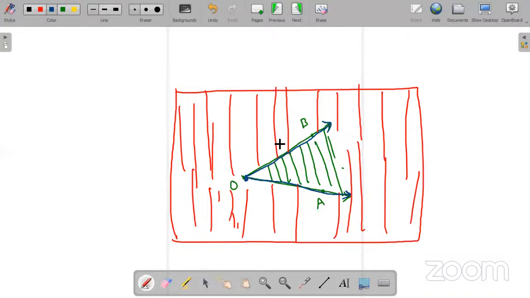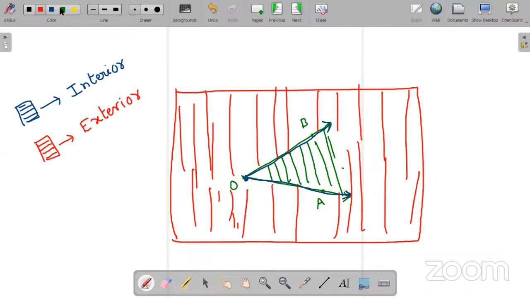Now this green portion is called the inside of the angle, the interior. This red portion is called the exterior. Exterior means outside. Now take the black portion.